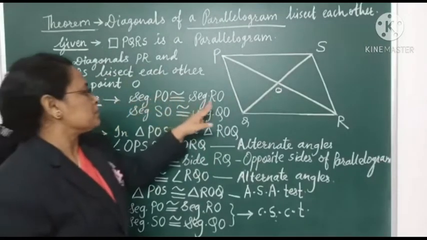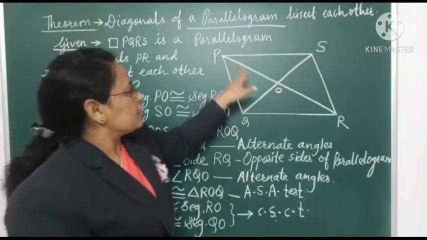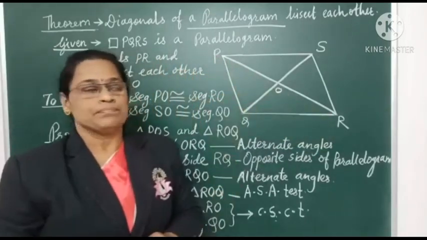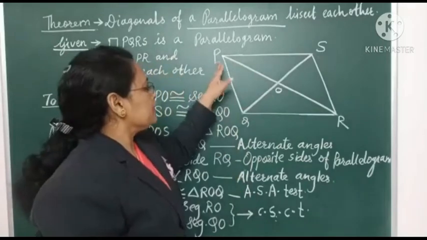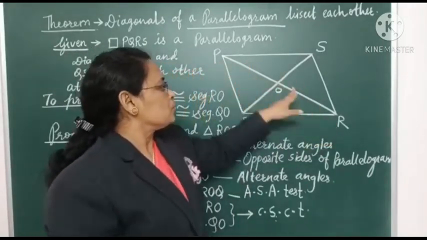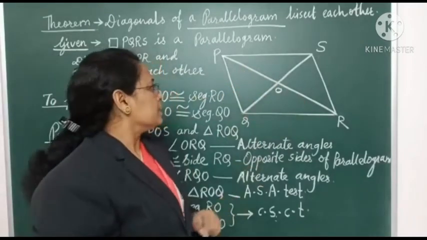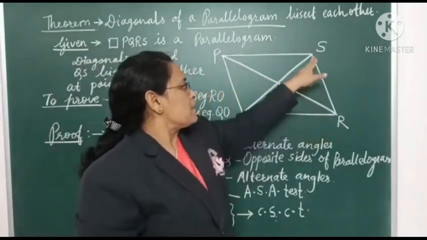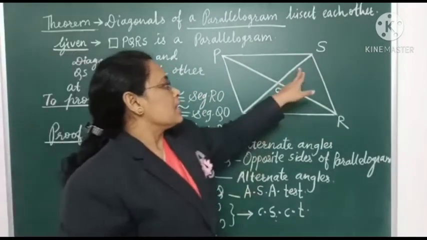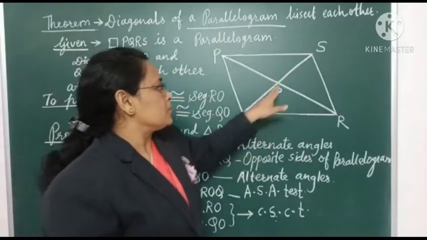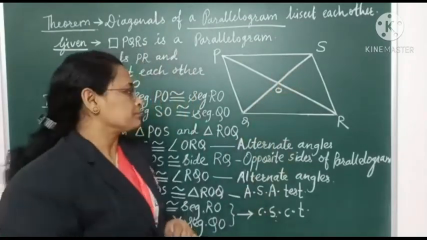Bisect means the diagonal PR is bisected by diagonal QS, meaning diagonal PR is divided into two equal parts, PO and RO. Similarly, diagonal PR is bisecting diagonal SQ or QS, meaning SO and QO are two equal parts. They are congruent to each other, that we have to prove here.